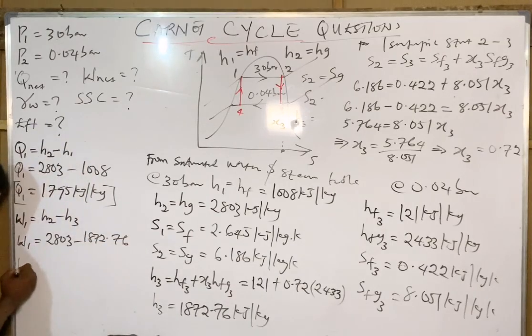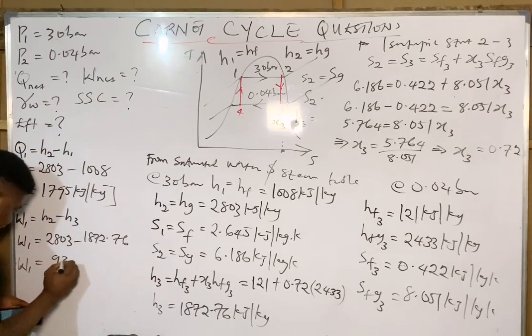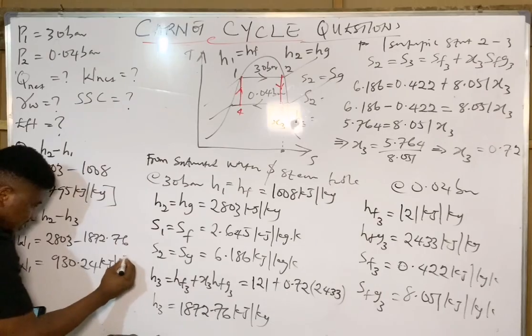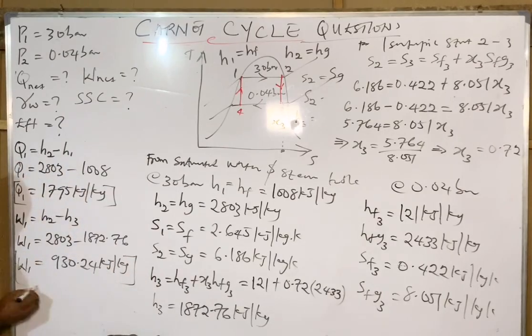So the work removed by the expander is 2803 minus that answer. This work done is positive because the expander removes work from the system. So you have 930.24 kilojoules per kilogram. This becomes the work done by the expander.